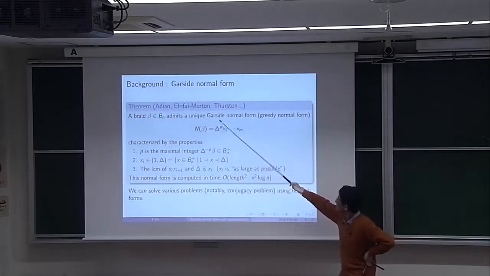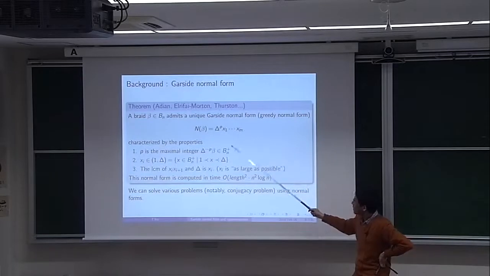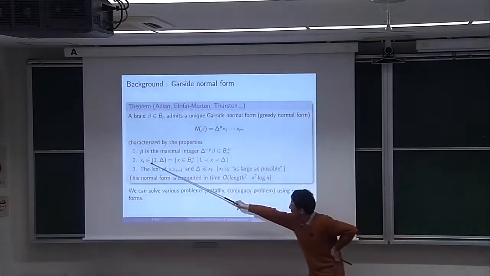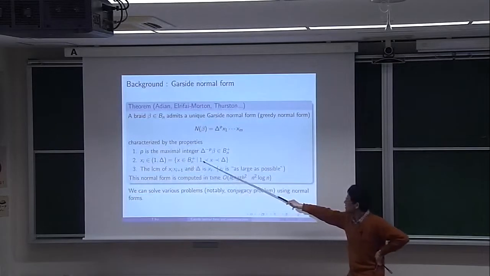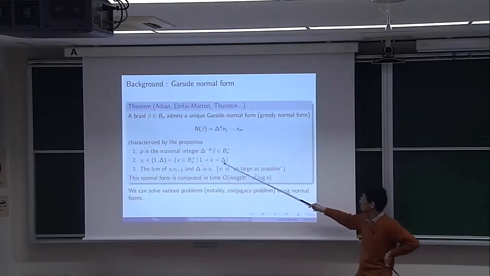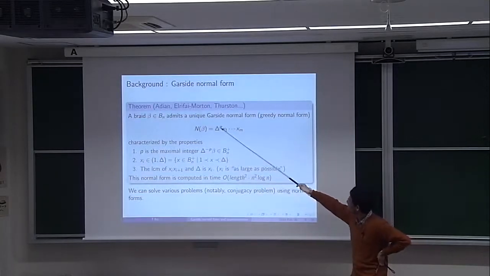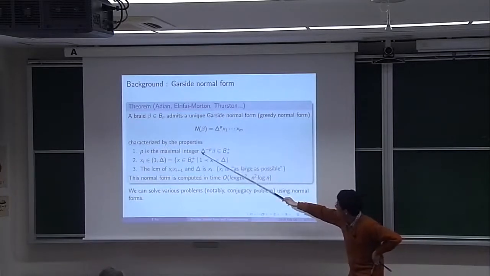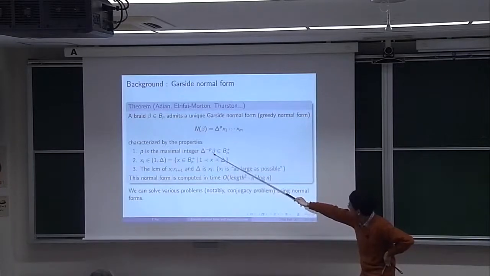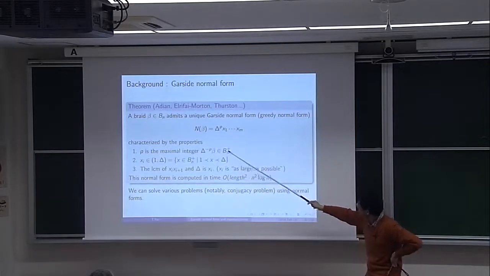First, this is a power of delta and x1 to xn, where each xi is some special positive braid that satisfies this condition. This means that this is a divisor of the Garside element delta. And this P is designed so that delta inverse P is beta in Bn plus.